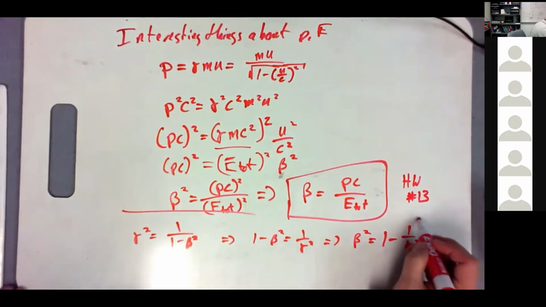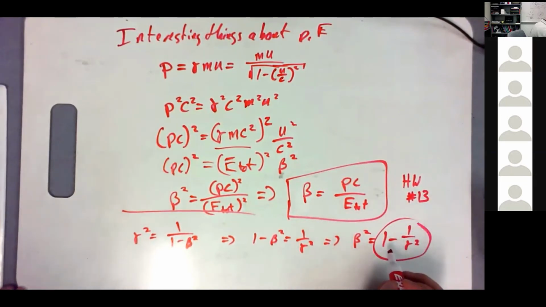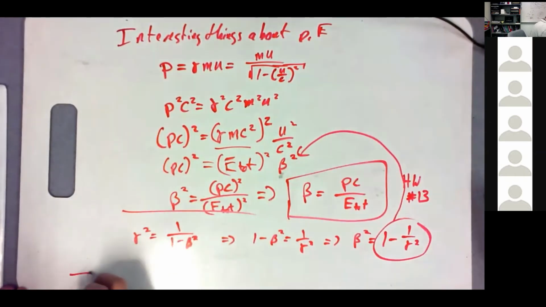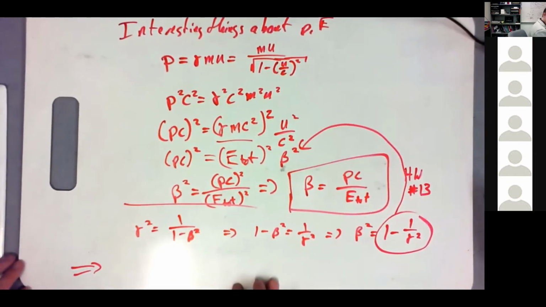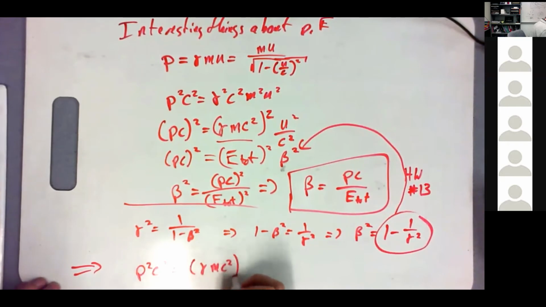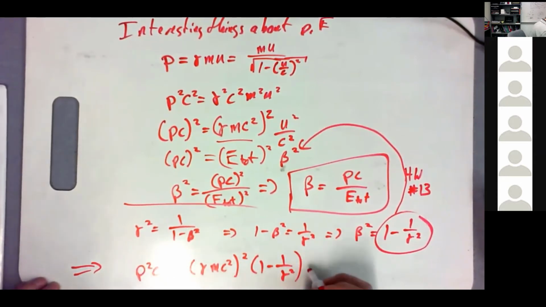So we can plug this into this and get this. P squared times c squared equals gamma squared m squared c to the 4th times 1 minus 1 over gamma squared.